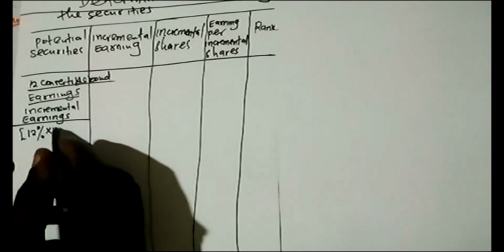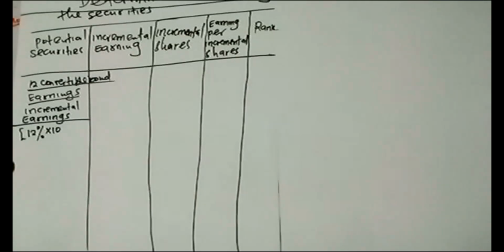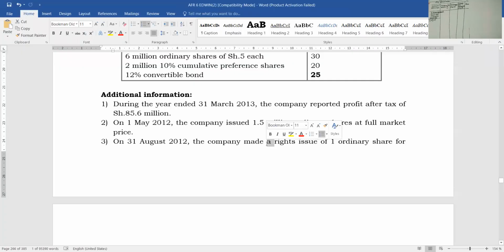We multiply first the 10 million. The 10 was the one which was converted out of the 25. So on which date did they convert this 10? We have to consider first up to the date of conversion. Remember, I'm talking about this question here. The total was 25, the 12%.